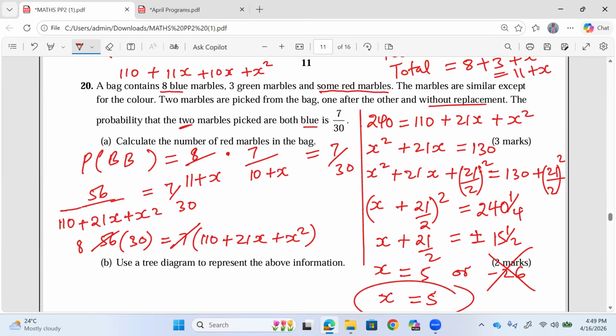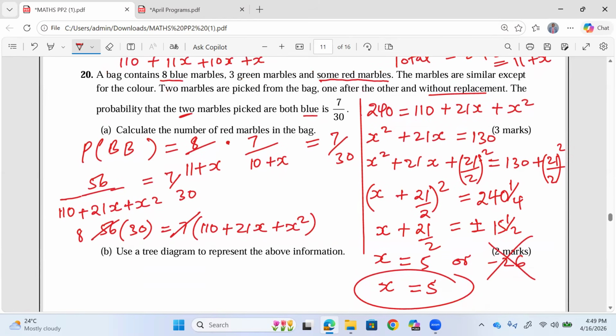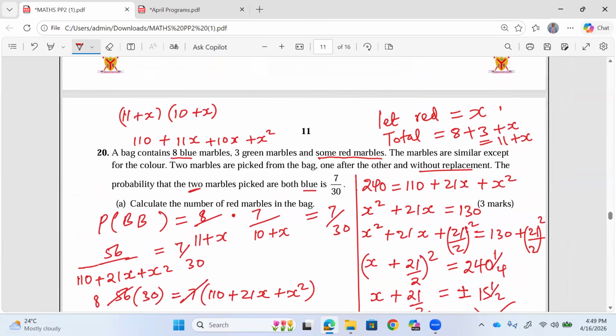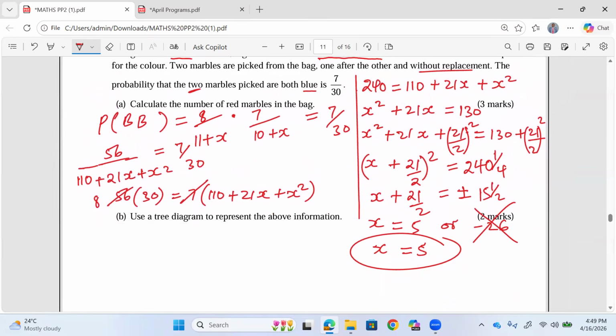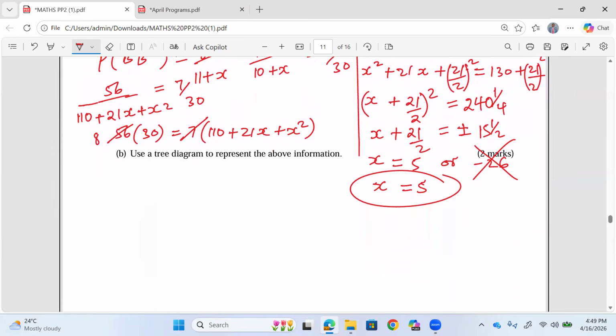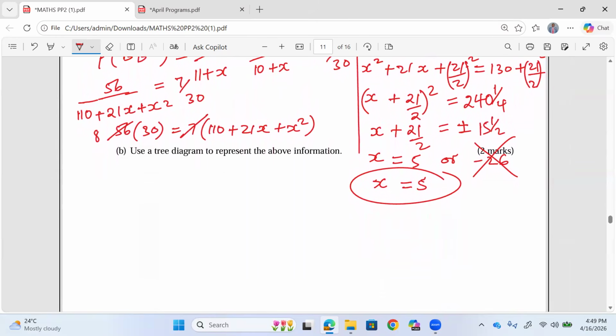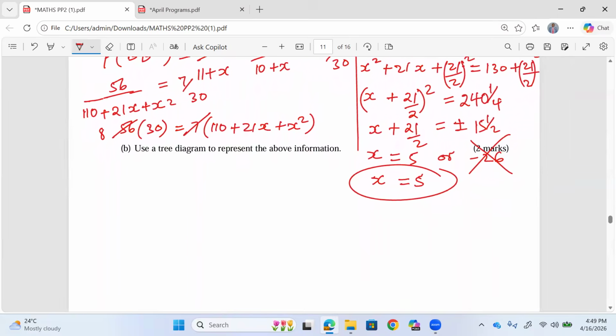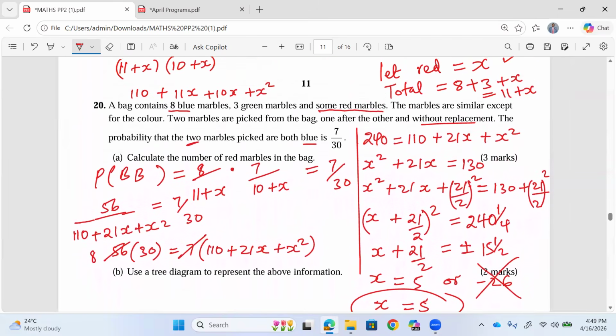So the red marbles, which were let to be x, are now confirmed to be 5 of them. So there are 5 marbles. So x equals to 5. It's a very good question. You're supposed to know how probability is computed. Then when you get information like without replacement, you should also know how to account for that.